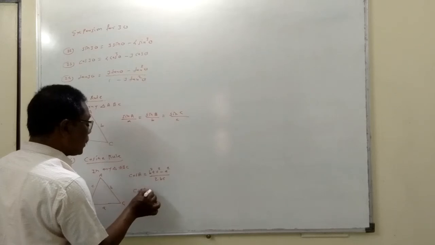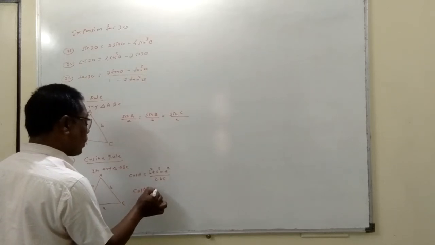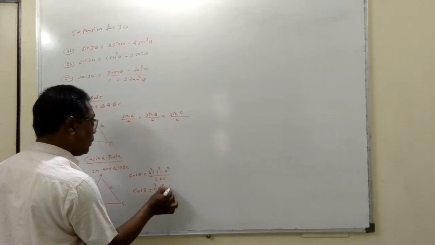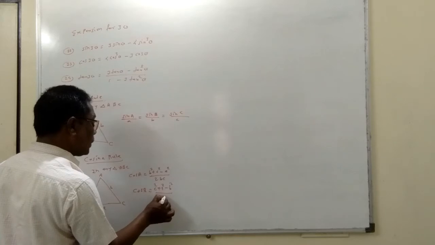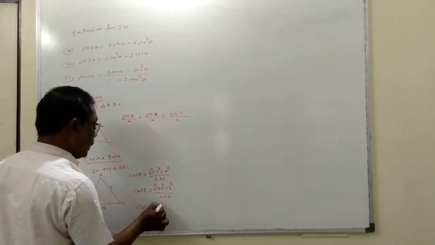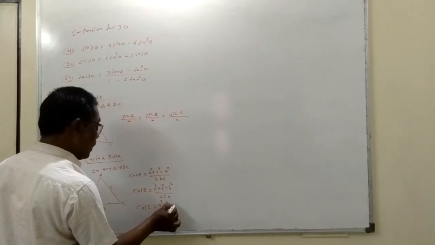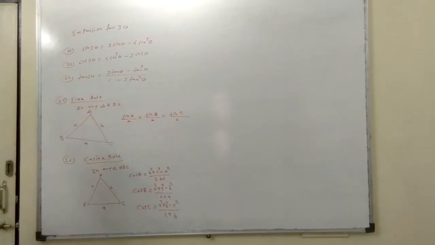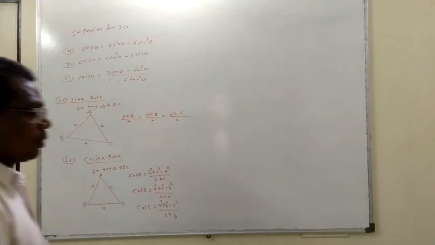Cos B is equal to c square plus a square minus b square upon 2ca. Cos C is equal to a square plus b square minus c square upon 2ab. So this is about the cosine rule.